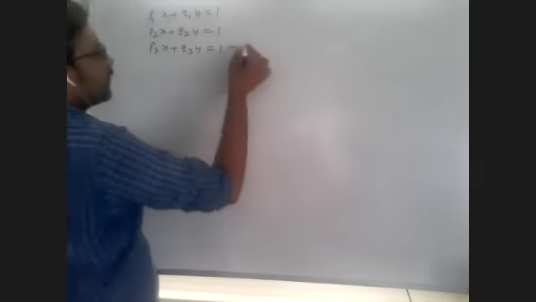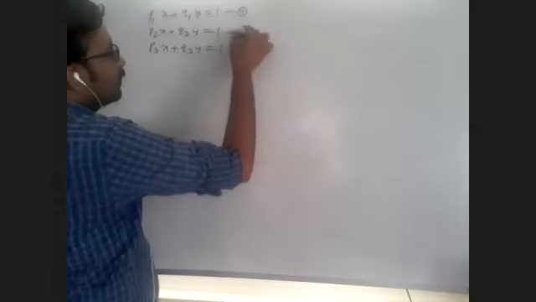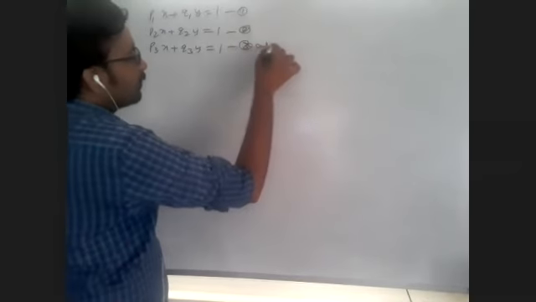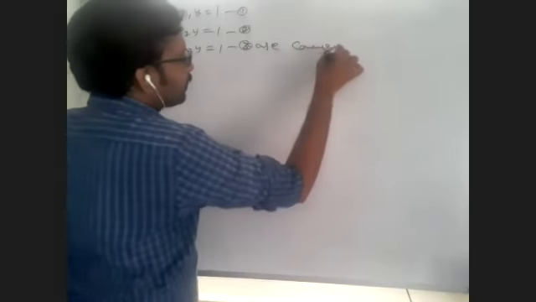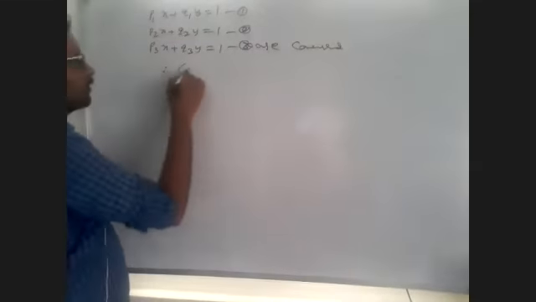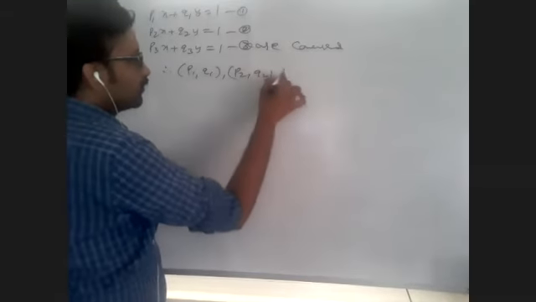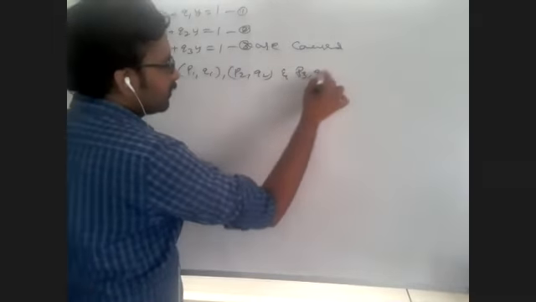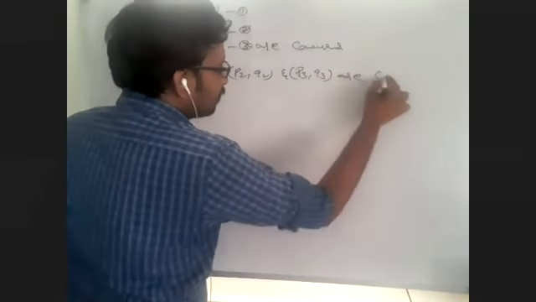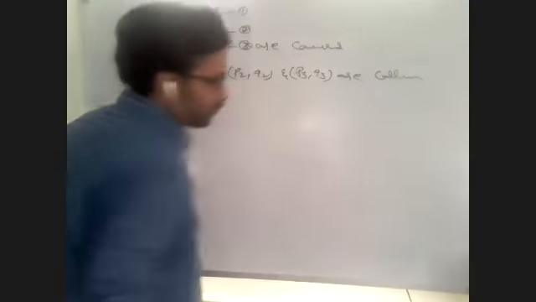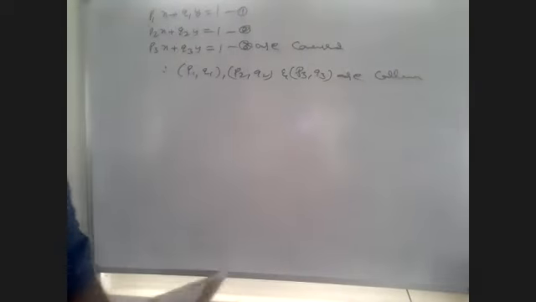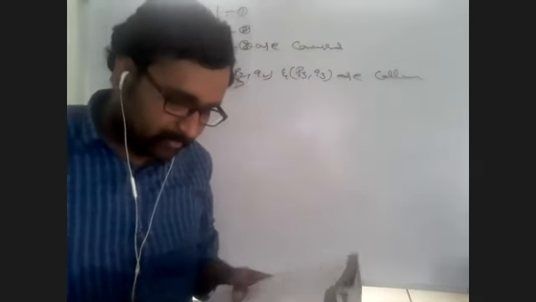If these three are concurrent, therefore P1 Q1, P2 Q2, P3 Q3 are collinear points. That is also very important.